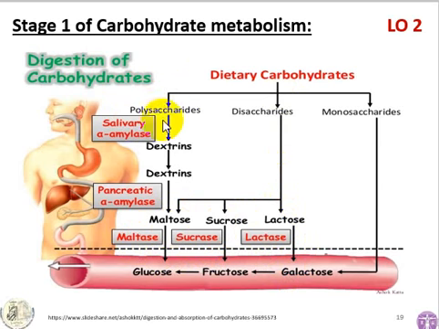While polysaccharide is digested first in the oral cavity by the salivary alpha amylase, forming dextrins, and these dextrins will be digested by the pancreatic alpha amylase into maltose. Then maltose is digested by the enzyme maltase to form 2 units of glucose.